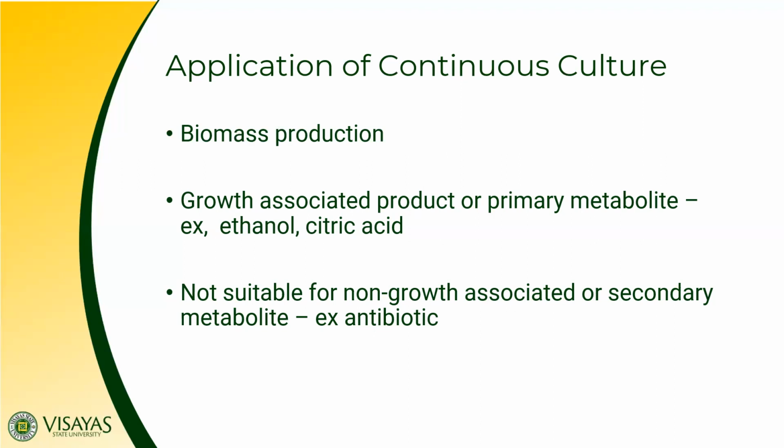And it is not suitable for non-growth-associated products or secondary metabolites, such as antibiotics. Because it is always in the exponential phase, it is advantageous for the production of primary metabolites. But when you produce antibiotics or secondary metabolites, fed batch fermentation is suitable because it has an extended phase of the fermentation process, which is the stationary phase.